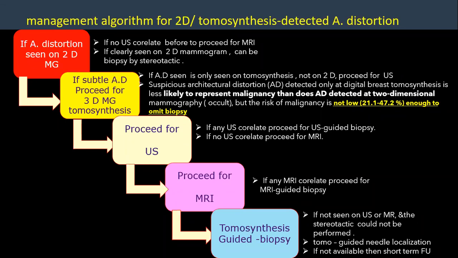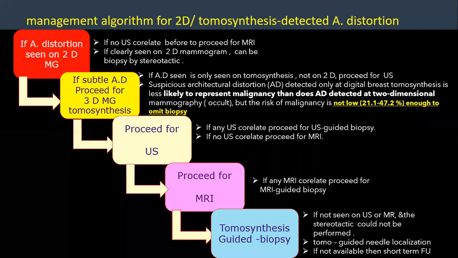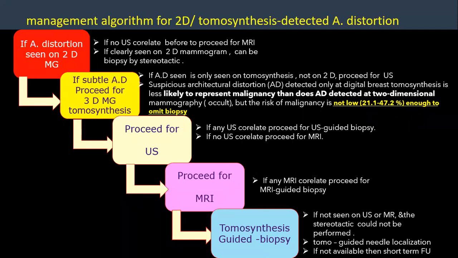But if we can appreciate it in 3D, which is expected to pick up even subtle findings, the probability of malignancy is still not small. It is up to 45.2%, a good percentage, enough not to omit the biopsy.